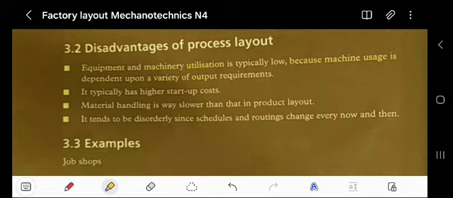Here we have low utilization; we don't use much of the machines. It typically has high startup cost. Material handling is much slower than the product layout. It tends to be disordered since schedules and routines change every now and then.